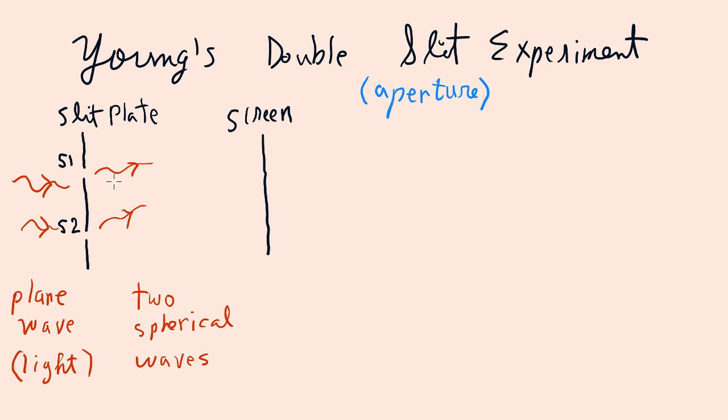Okay, so let's go ahead and describe this problem mathematically. What you do is you measure these distances on the screen. As an experimenter, let's say this is about the center of the screen that corresponds to the center of the slit to slit distance.